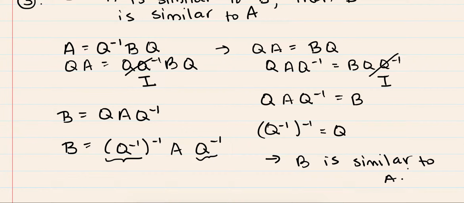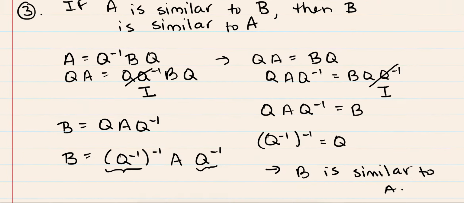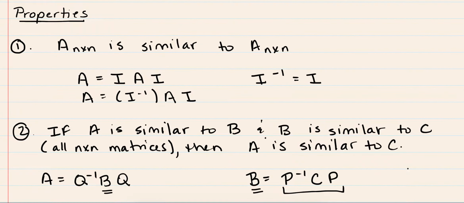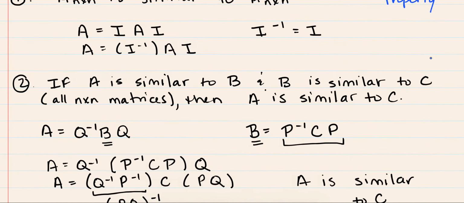These three properties make up something called an equivalence relation. The first property here is called the reflexive property. Maybe you've seen this in an abstract algebra class. This is the reflexive property. This is called the transitive property.